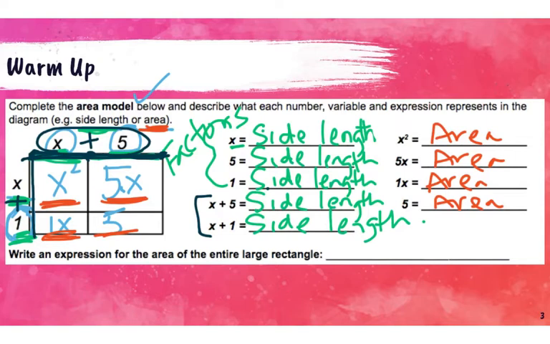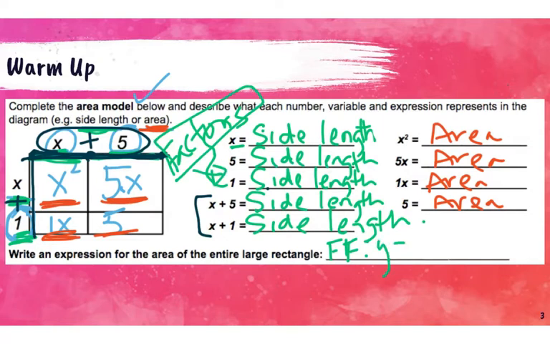Write an expression for the area of the entire large rectangle. I can do that in two ways. One way is in factored form. Remember, factored form uses the factors, which are the side lengths. These are all of my factor parts.